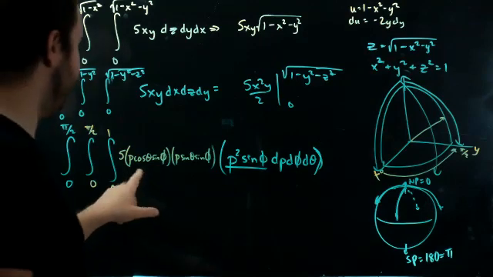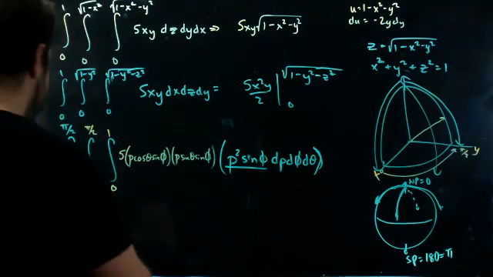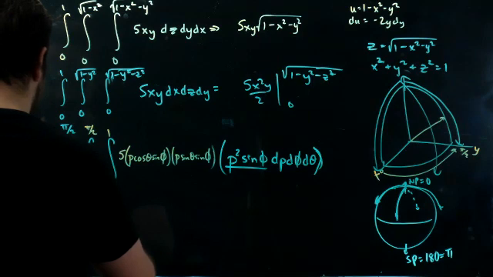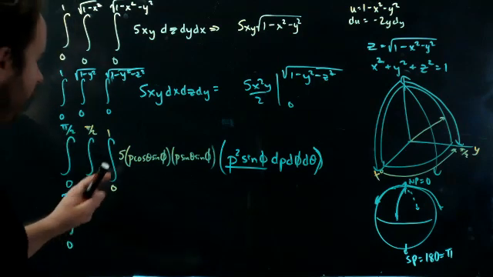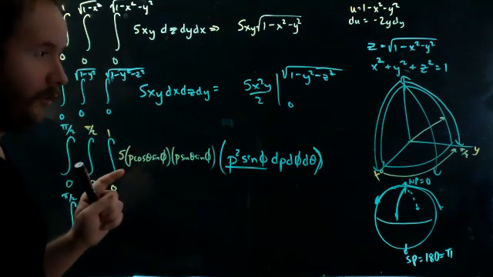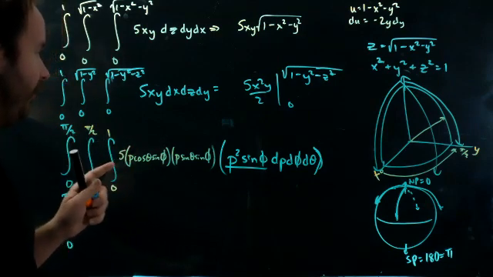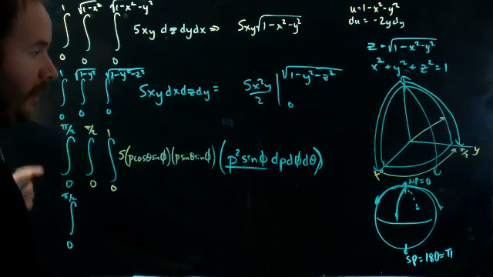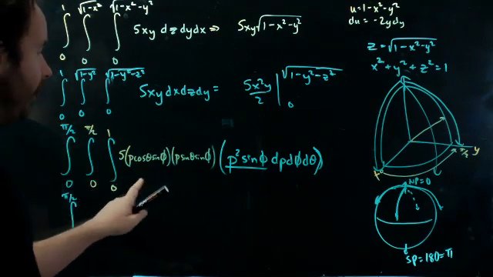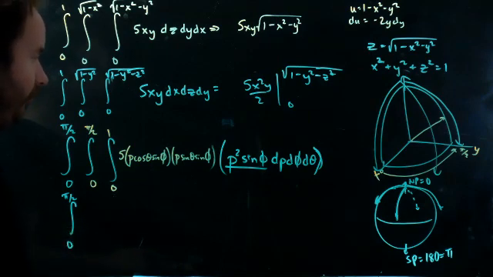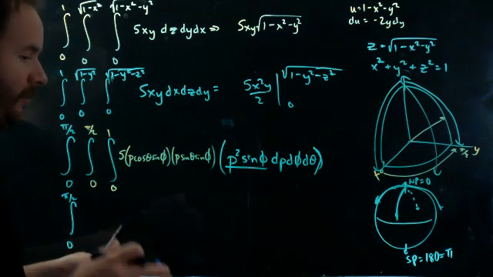I'm going to multiply this out, though. Actually, I'm going to give you a trick you can use that might make your integration a bit easier. This is a super cool trick to make integration a little bit simpler. If the bounds are all constants and the function that you integrate is a product of functions of the variables in question, then you can split the integral up into a product of 3 integrals.